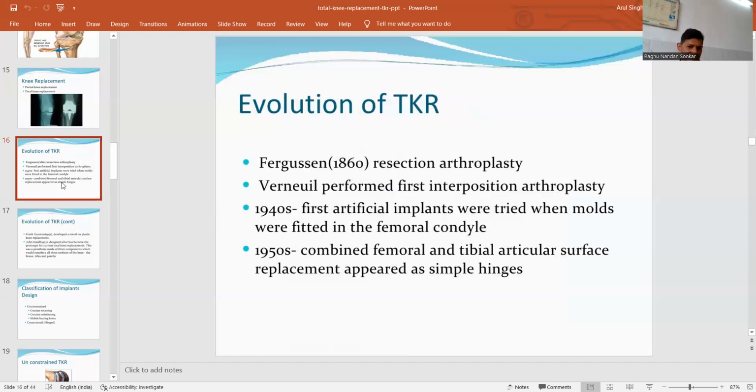Evolution of TKR. In the 1940s, the first artificial implants were tried, when a mold was fit on the femoral condyle. In 1950, combined femoral and tibial articular surface replacement appeared as a simple hinge.